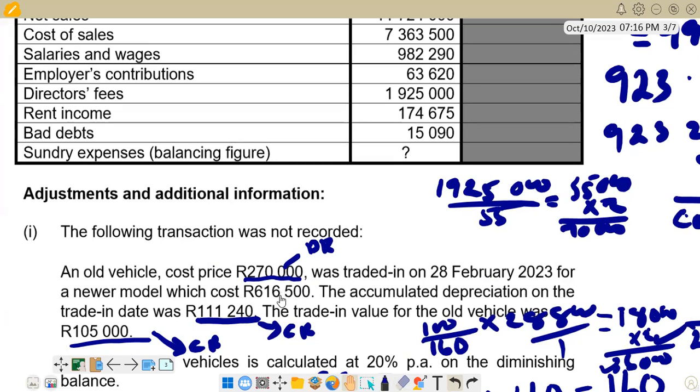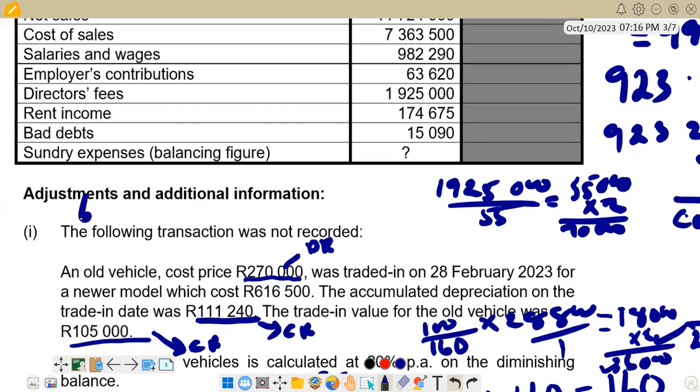We are supposed to pay this amount because we are purchasing this newer model for 616,500. But we traded in an old vehicle with a value of 105. So it means this value is going to reduce the amount that we are supposed to pay.